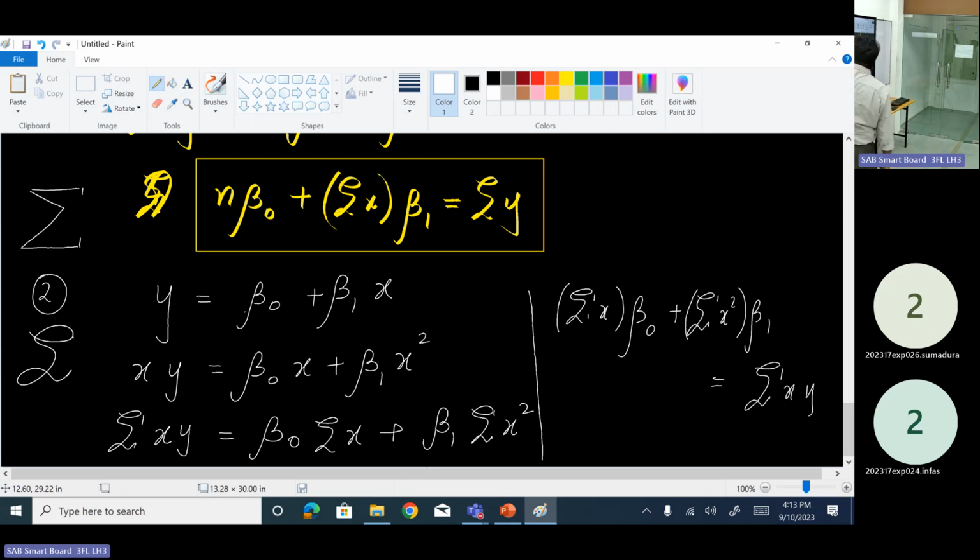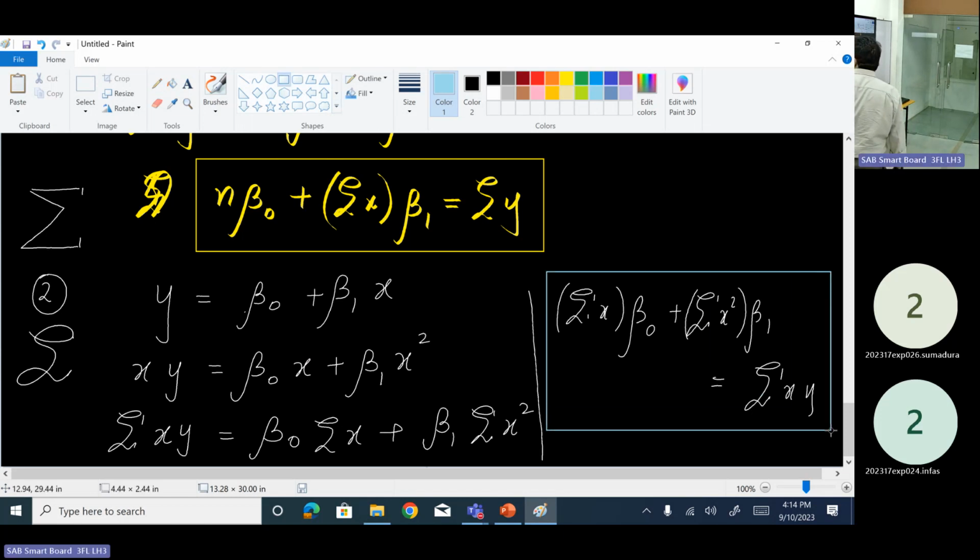So this is the other equation. We need two unknowns to be evaluated. So this and this are the normal equations for a simple regression model.